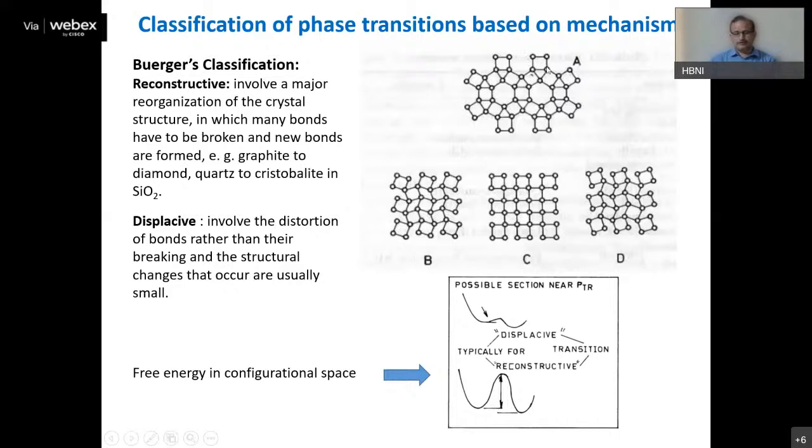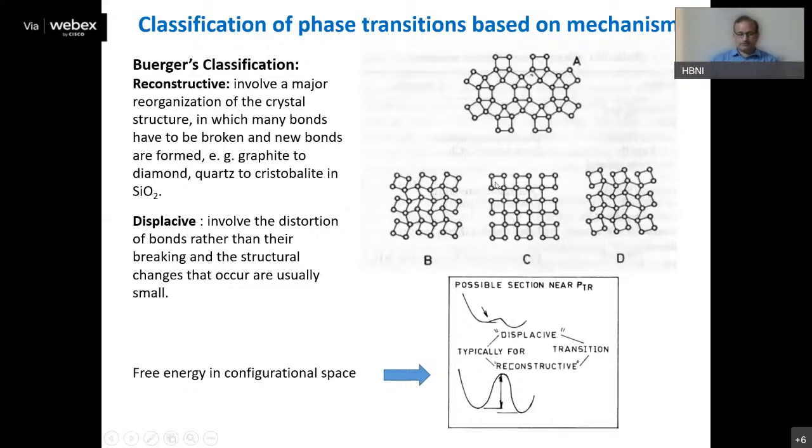So any transition from A to B, C, or D will be of the reconstructive kind. Whereas if you compare these three structures, B, C, and D, a very small change in atomic positions will lead to this transition. This is an example of a displacive kind of phase transition.